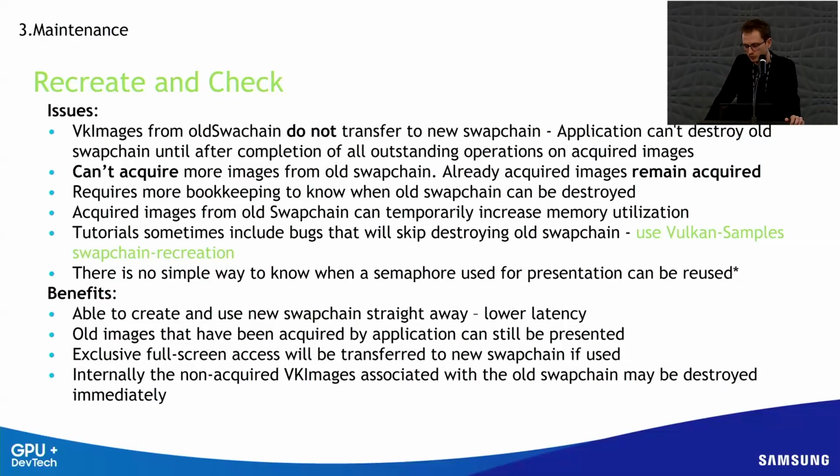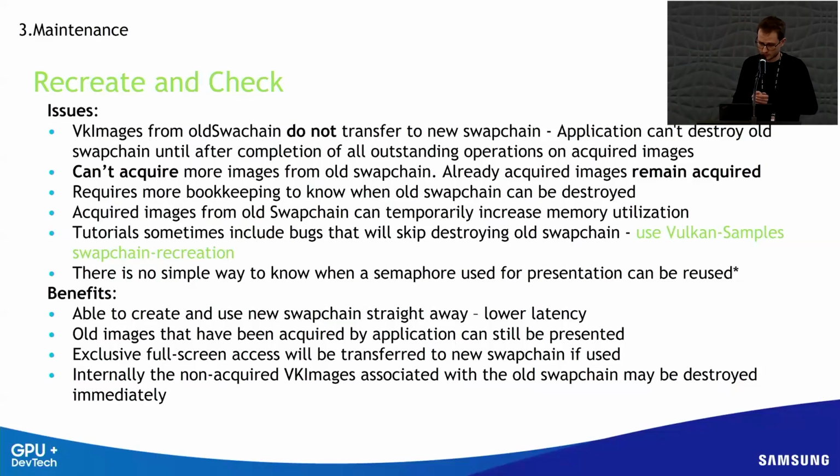It requires you to do a lot of state tracking, and you might end up presenting suboptimal images for a little bit longer, and you can get higher memory peak usage. And also, as a bonus, some tutorials have small bugs which can lead to even more handles being lost and old swap chains just being alive in the background forever.